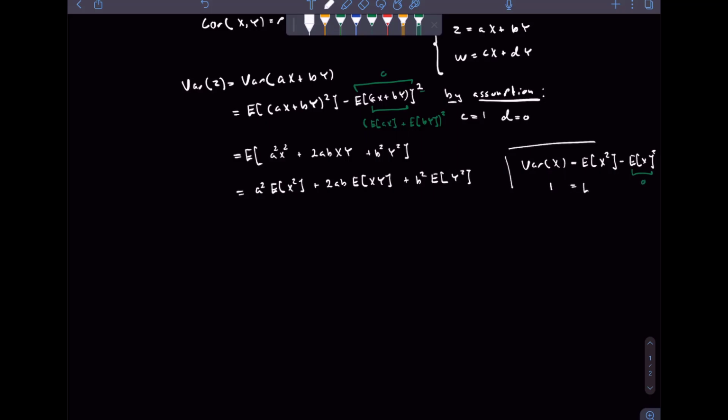So this term is just equal to 1. By the same argument, the Y term is equal to 1.